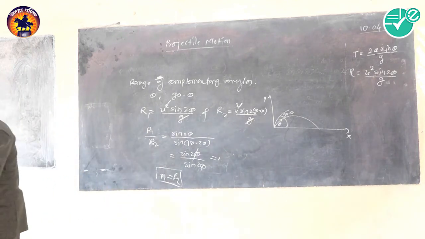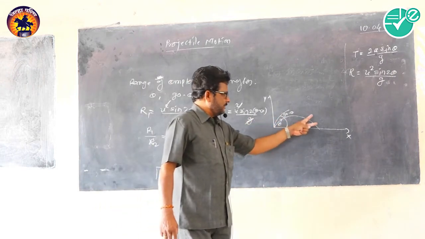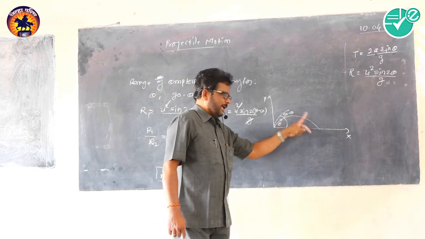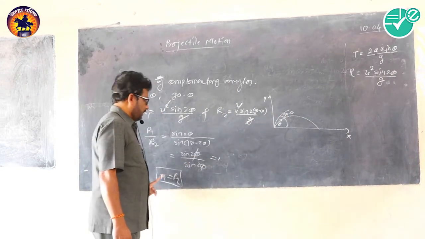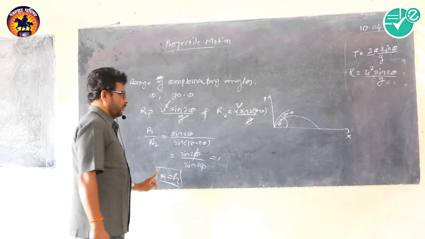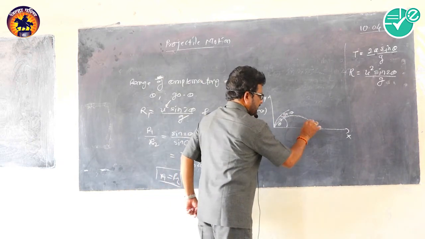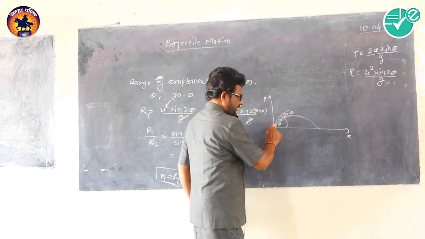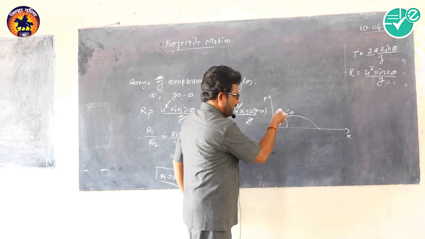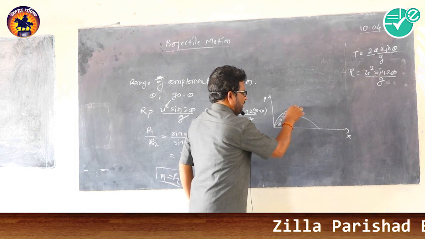That means if the projectile is projected with the two complementary angles, then the ranges of the two are the same. So R1 by R2 is equal to 1. If this is angle theta, then this is the corresponding range. If the projectile is projected with its complementary angle, that is 90 minus theta, then its trajectory will be like this.